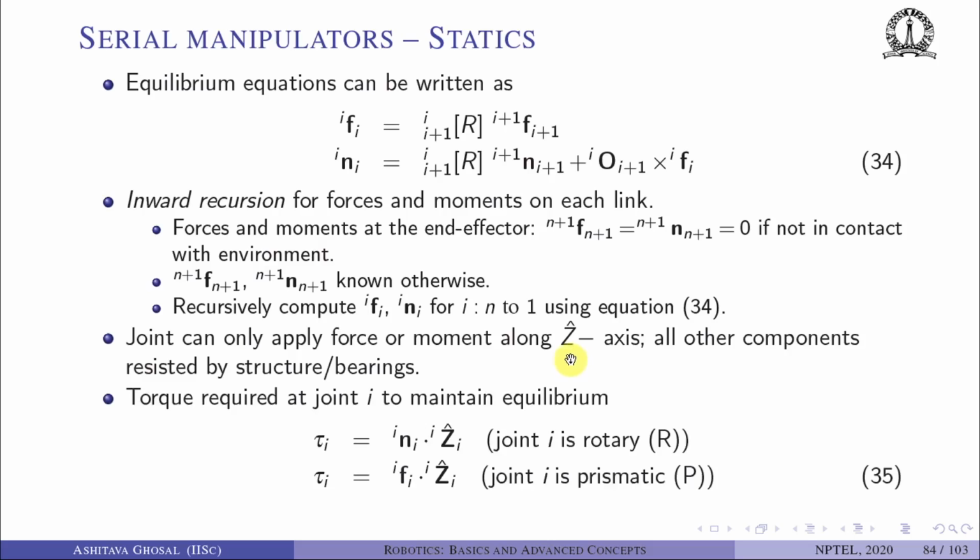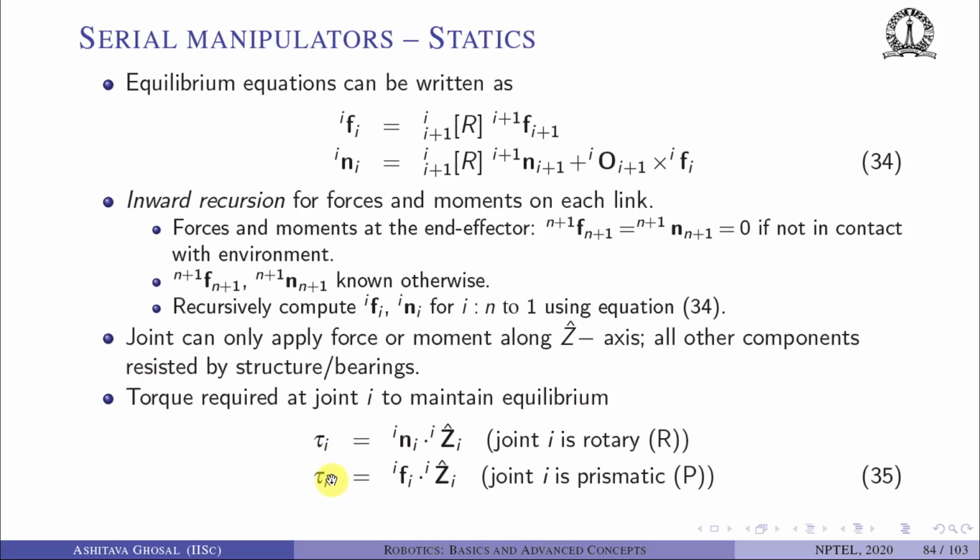So the torque required to maintain equilibrium at joint i is nothing but the component of the moment along the z-axis if it is a rotary joint, or the component of the force along the z-axis if it is a prismatic joint. Okay, so you can think of that there is an external force acting.